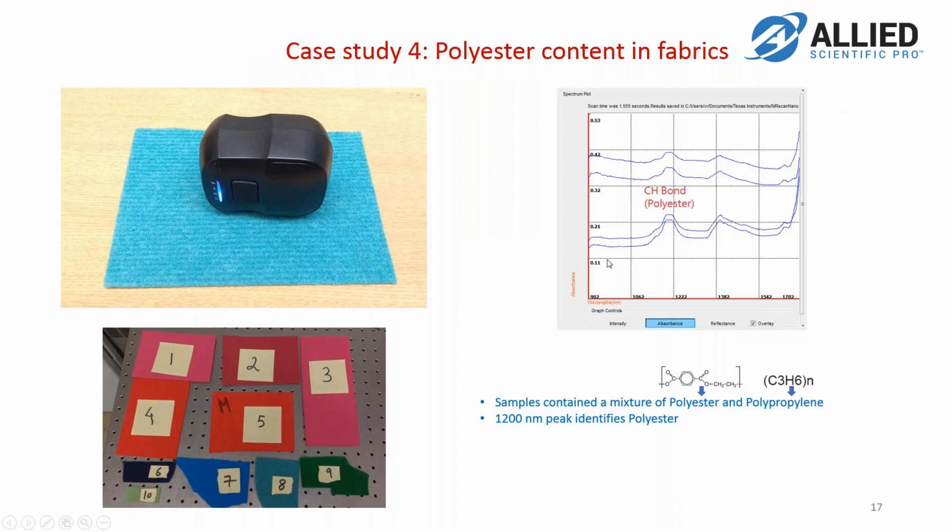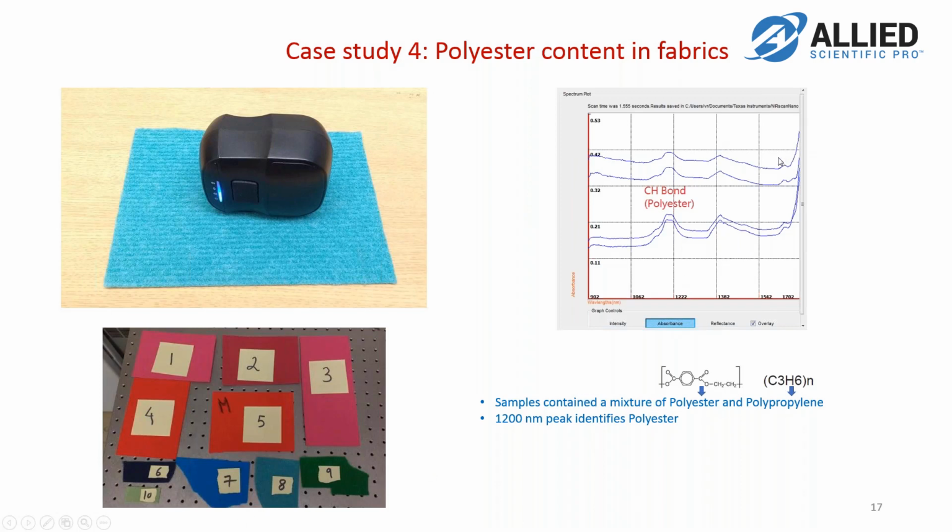Another application, we had a customer who sent several fabrics from France, and these fabrics are all identified by different numbers, and they were a mixture of polyester and polypropylene, and he wanted to know if by using spectroscopy, specifically Near IR Spectroscopy, we could identify the percentage of polyester, or tell which of these have a bigger amount of polyester content as compared to the others.